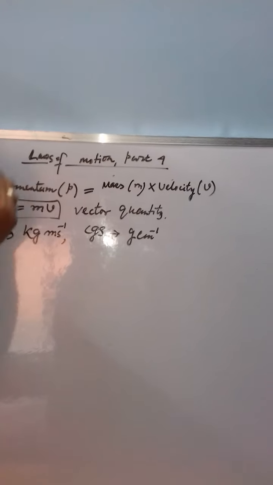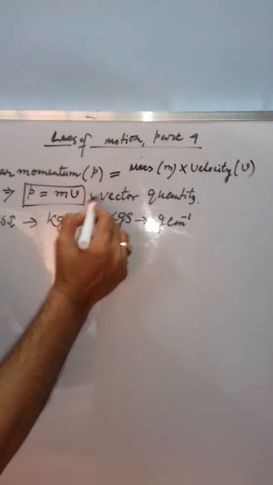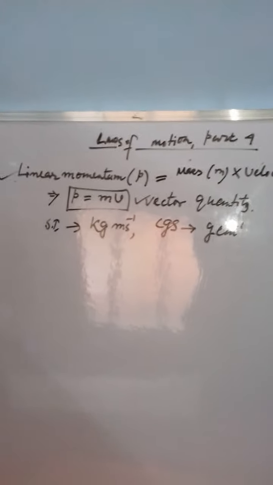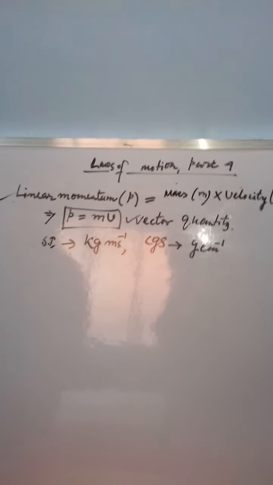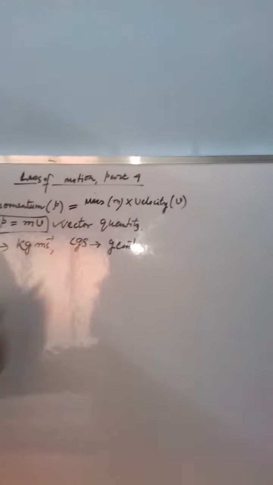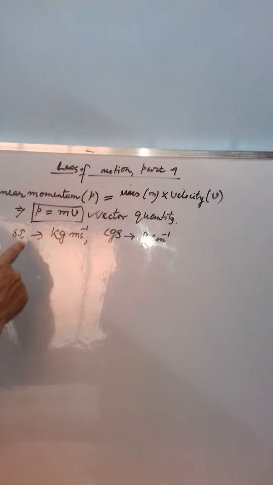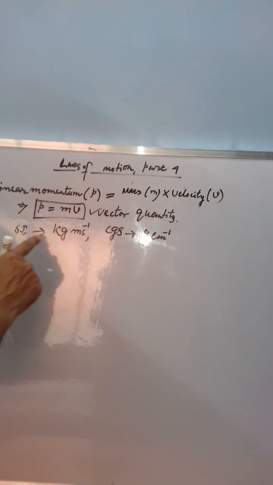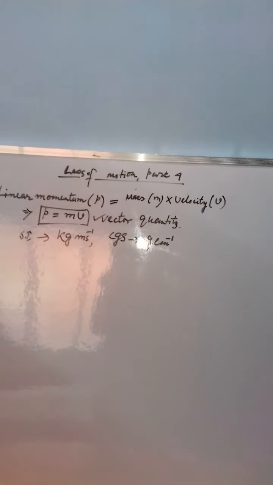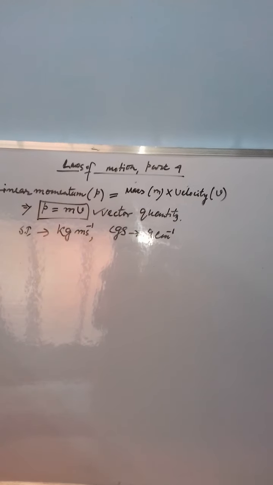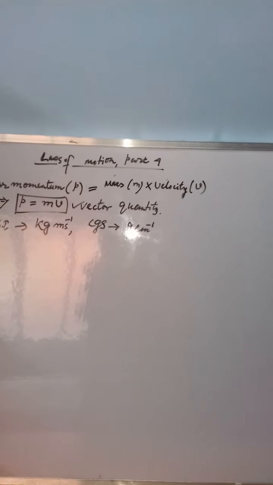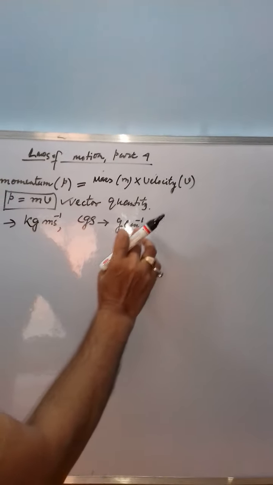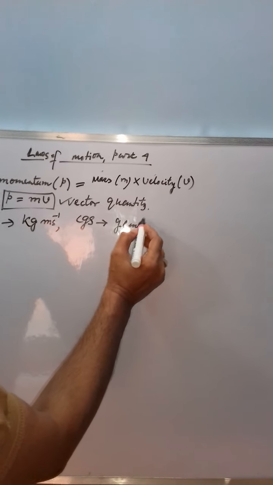So linear momentum is a vector quantity, and its units are kilogram meter per second and gram centimeter per second.